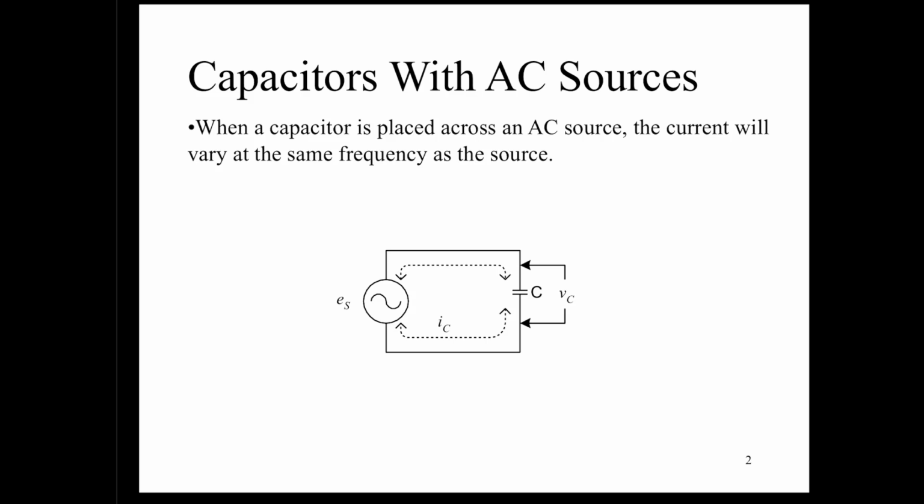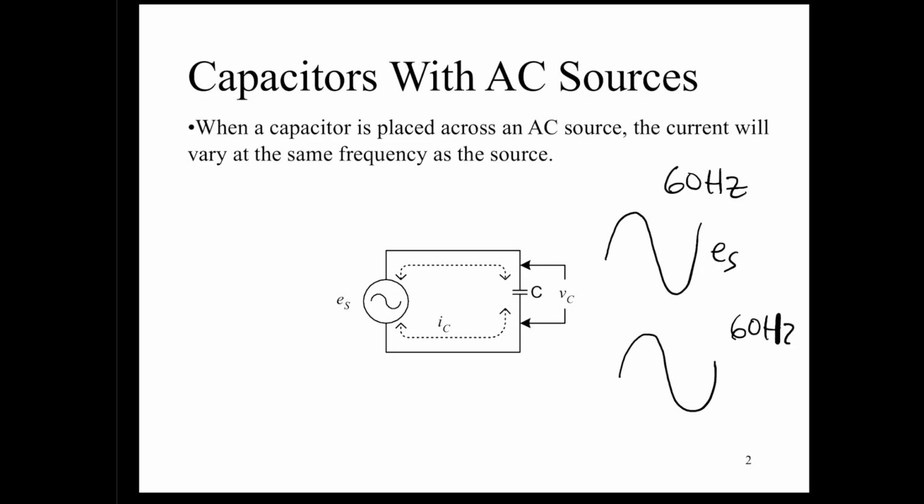When a capacitor is placed across an AC source, the current will vary at the same frequency as the source. With a source that is a sine wave at 60 hertz, there's no doubt that the resulting current is going to be a 60 hertz sine wave as well.